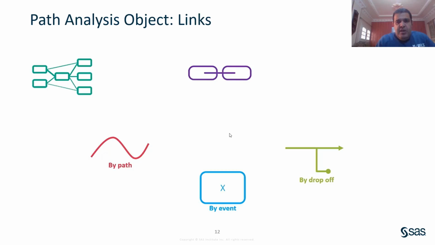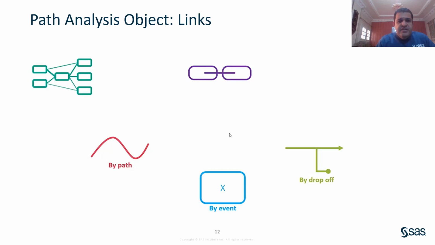In this slide, we are describing the links, and the link can be colored to show either path. If each path has a different color, or for event, coloring by event.